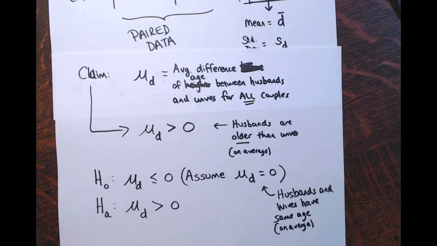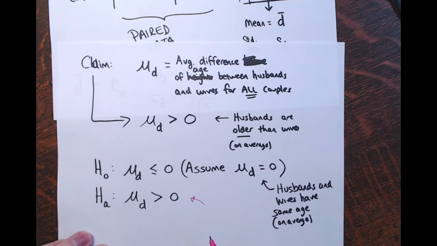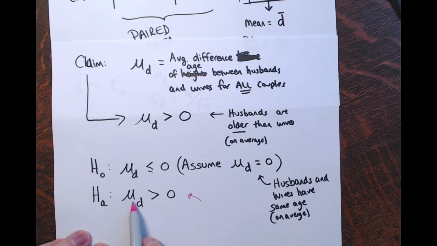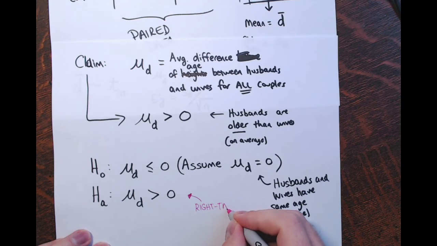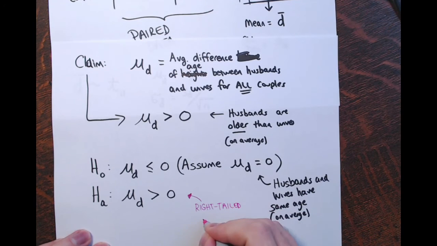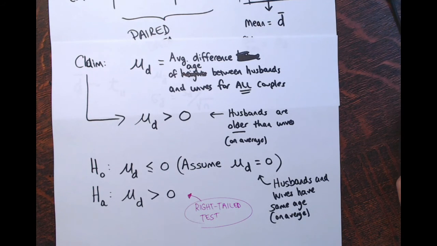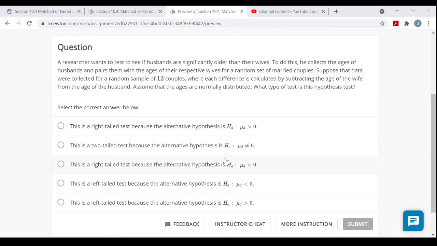All right, now we're asked though, what kind of a test is it? And that's going to be determined from the alternative hypothesis. See, I have my parameter here. This population mean is greater than a value, greater than 0. Remember, when that's the case, this is a right-tailed test. And that's all we're asked for the first part of this. Now there's going to be another part where we have to find critical values, I'm sure.